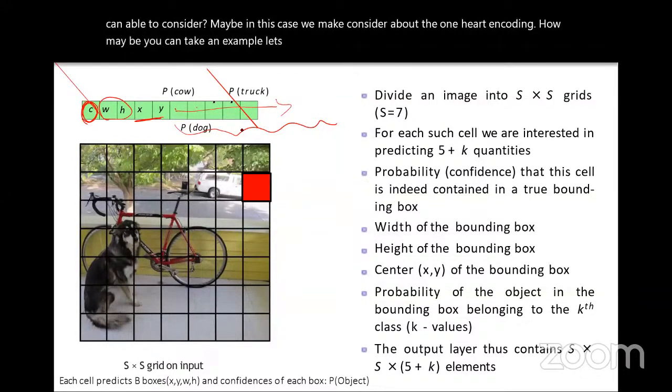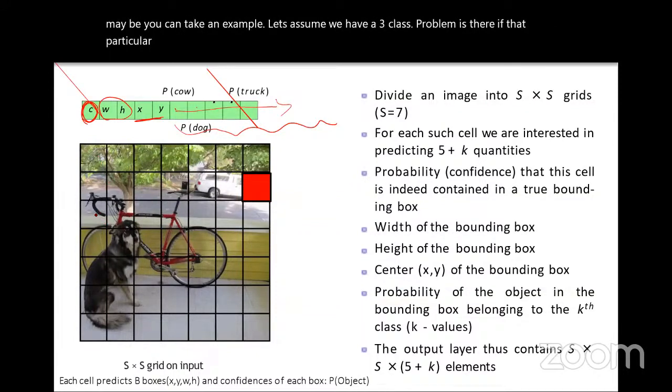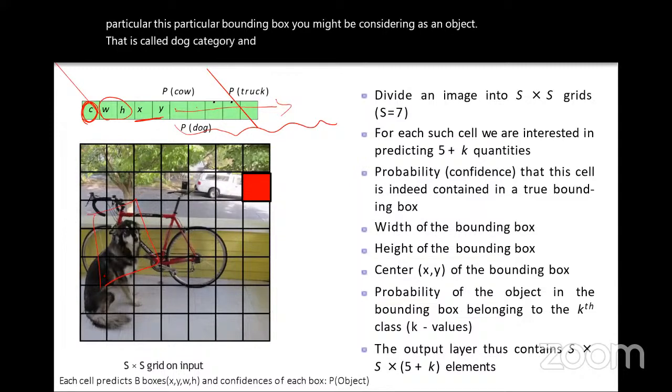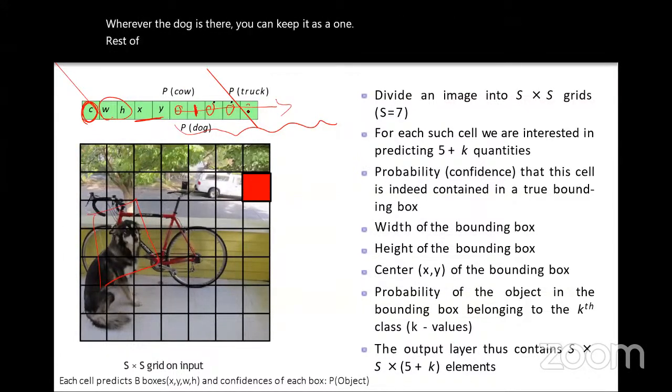Let's assume we have a 3-class problem. If this particular bounding box is an object of the dog category, this feature can be represented as C, W, H, X and Y. Wherever the dog is, you keep it as a 1. The rest you keep as a 0.